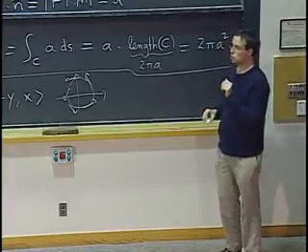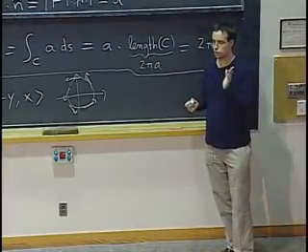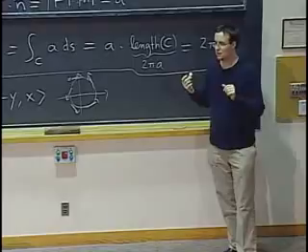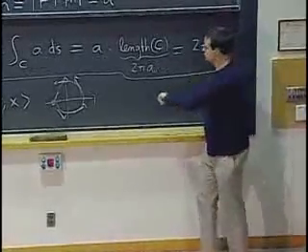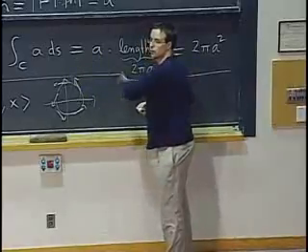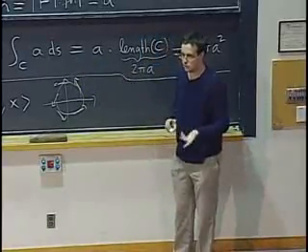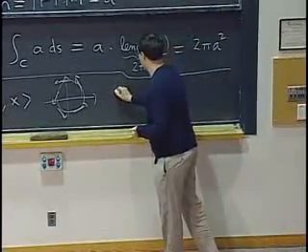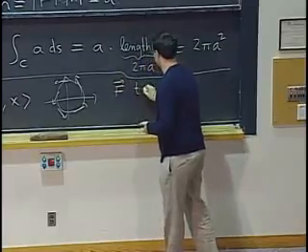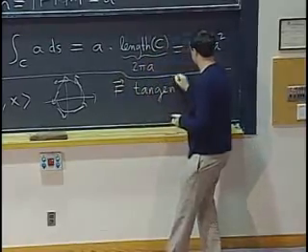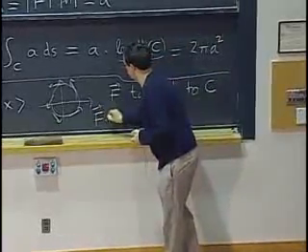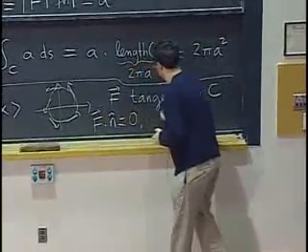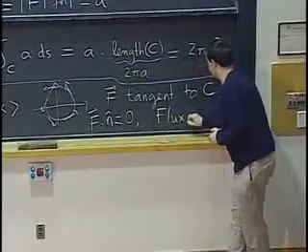So if it's tangent to the circle, it doesn't have any normal component. The normal component is 0. Right? Things are not flowing into the circle or out of it. They're just flowing along the circle, around and around. So the flux will be 0. Okay, F now is tangent to C. So F dot N is 0, and therefore the flux will be 0.